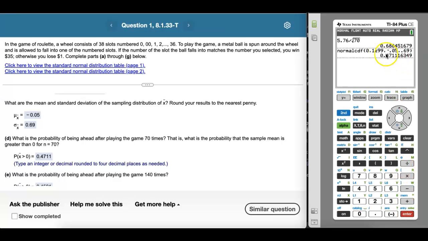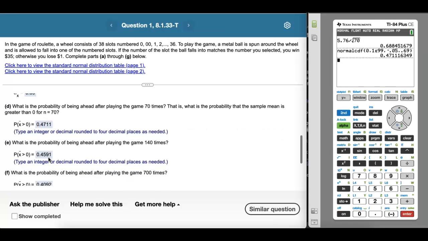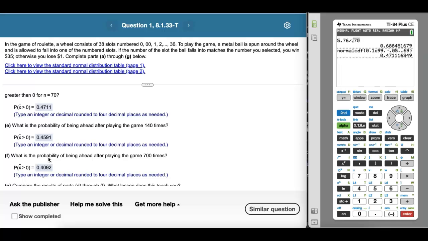And that's how we get the probability that the sample mean is greater than 0 if the sample size is 70. In other words, think of it like the probability that you're ahead. You're at least above 0, in the positive. Okay, about 47%.